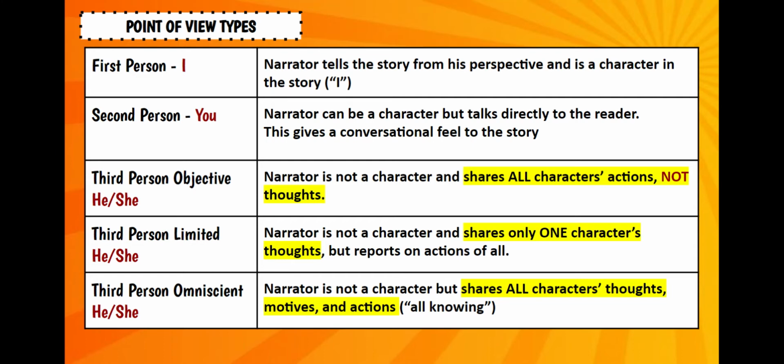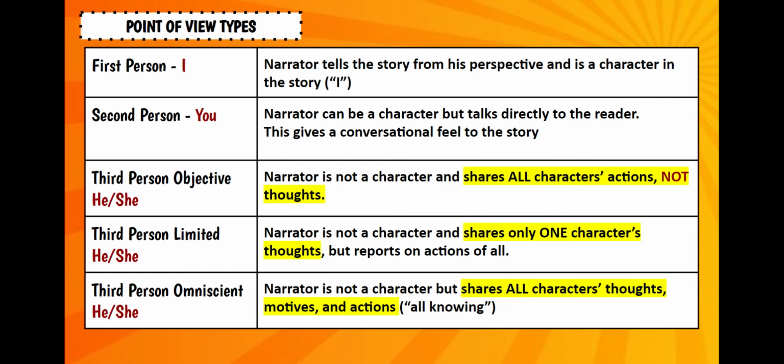Now, third person limited, also again, you will see he or she pronouns, and the narrator will not be a character in the story, but you're only going to get one character's thoughts and feelings. But you'll get the reactions of all, but you'll only get the thoughts and feelings of one of the characters.